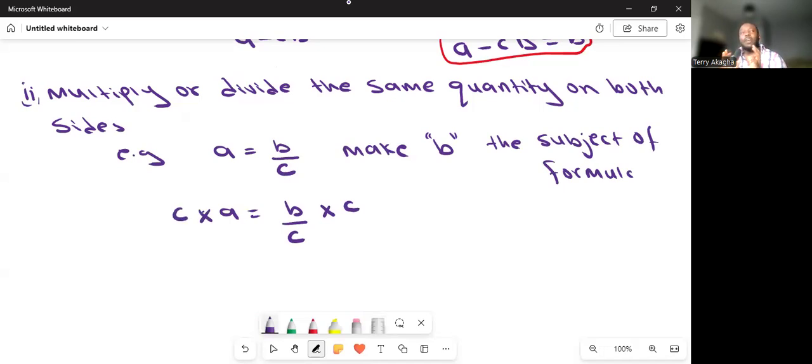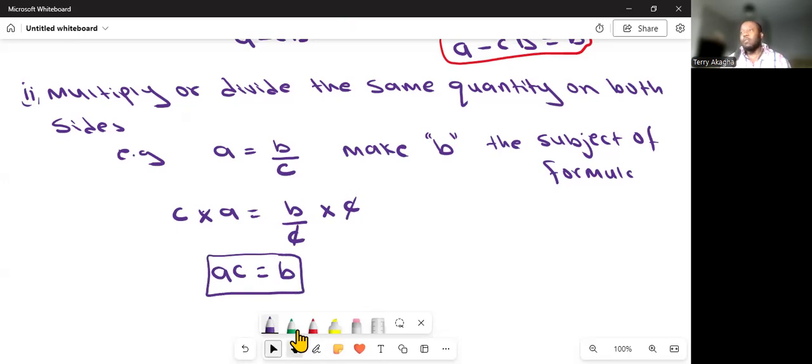Remember, so far you do anything to the left-hand side, you must do the same thing to the right-hand side. So this is going to give me C times A will give me AC is equal to, this will cancel this, will be equal to B. So you can see in this case, I multiplied both sides by C.